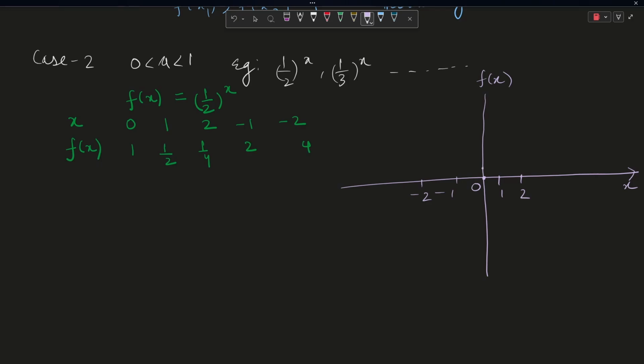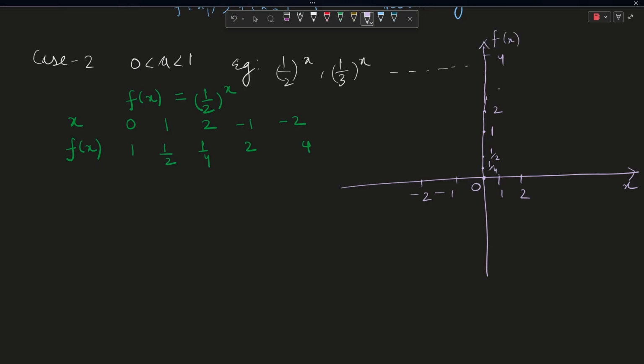This is somewhere 1 by 2, sorry, 1 by 4. This is 1 by 4. This is 1 by 2. This is 1, 2, and 4 here.